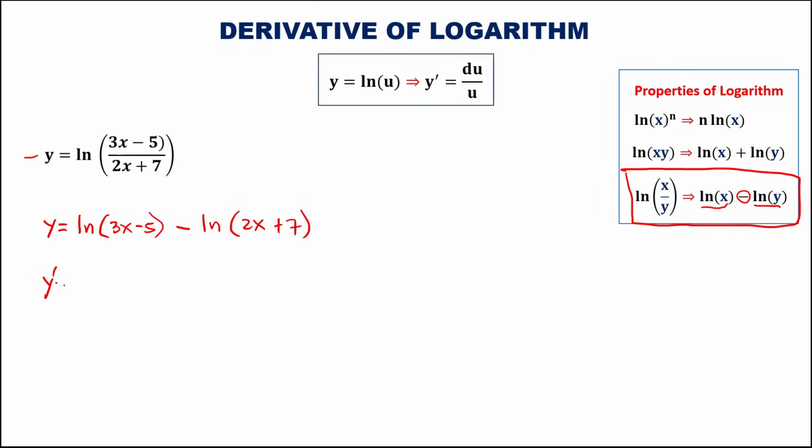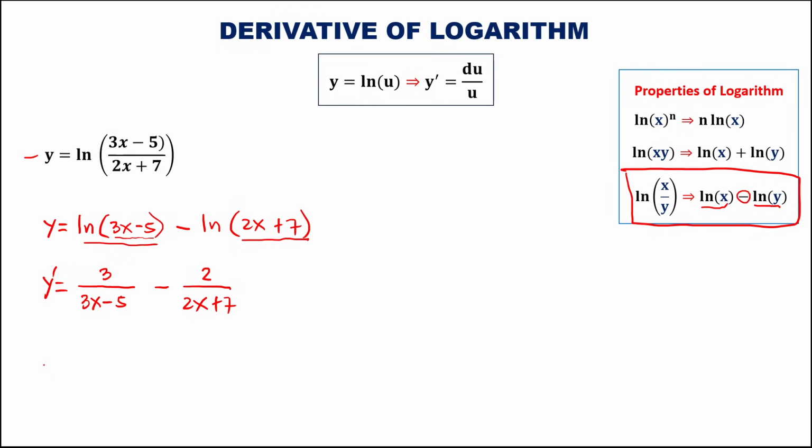Then we need to find the derivative for every term. For the first term, in the numerator, the derivative of 3x minus 5 is 3, then 3x minus 5 for the denominator. Then for the second term, the derivative of 2x plus 7 is 2, then we have 2x plus 7.